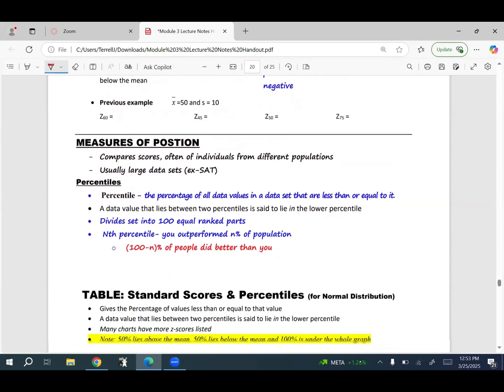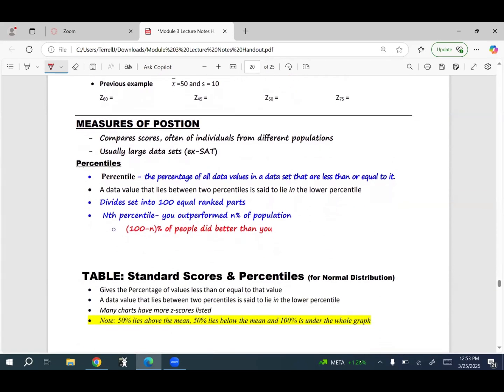And then the other thing I want to talk about is percentiles. Percentiles are very similar in concept to quartiles. It talks about your position in a data set. So remember, quartiles separated your data into 4 pieces, and therefore there were 3 quartiles.